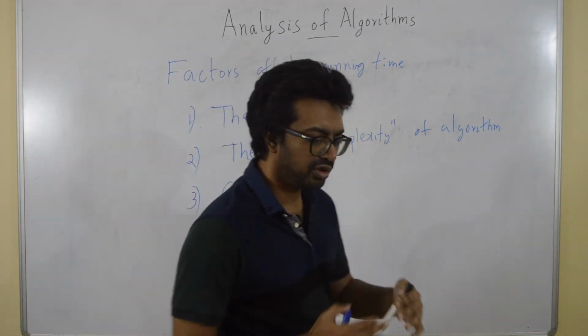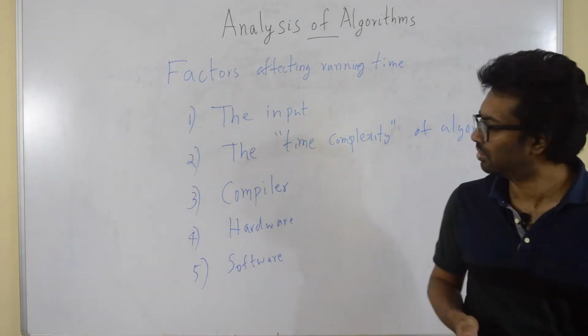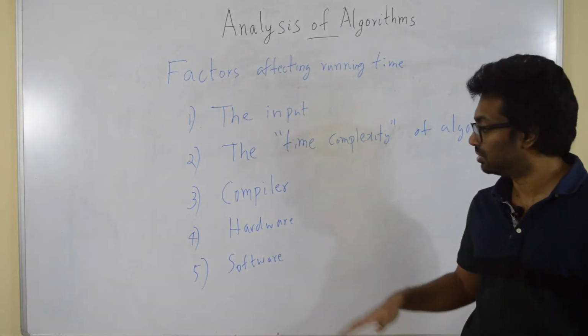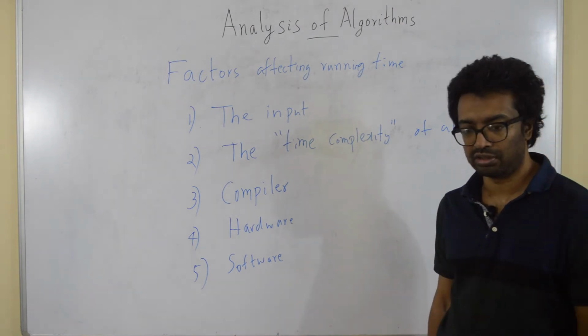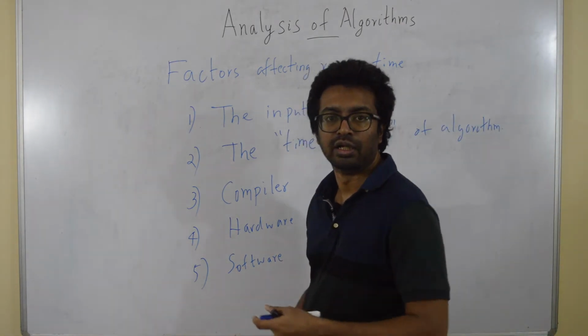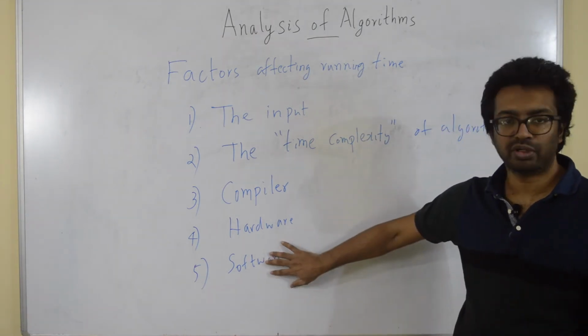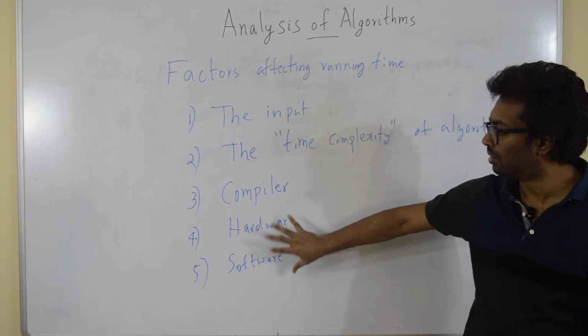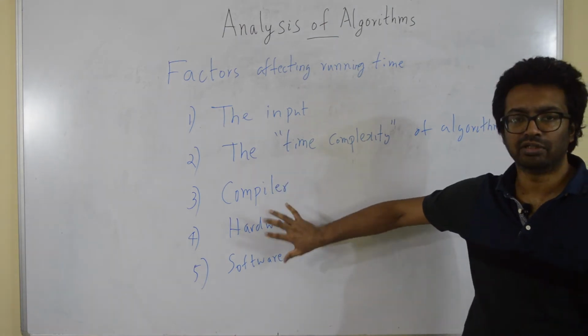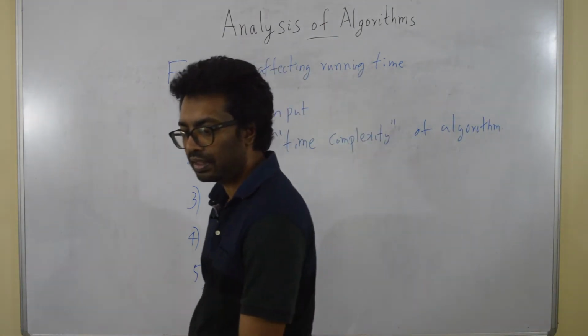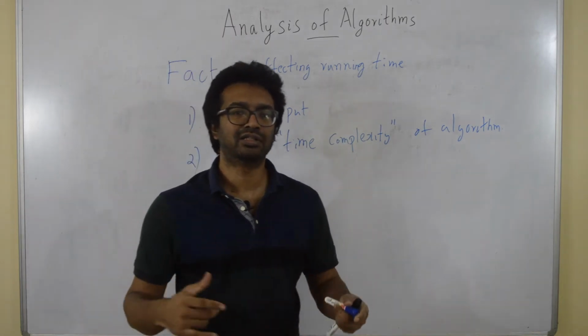It can be your drivers, your operating system, or the application you're going to use, etc. So this is the software part, this is the hardware part, and this is the compilers. These things, in some sense, do not matter, right?